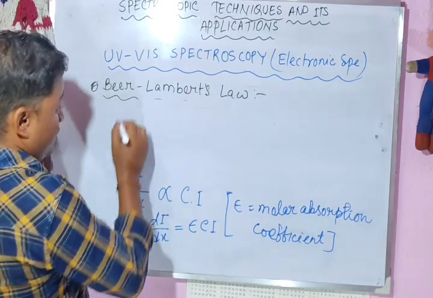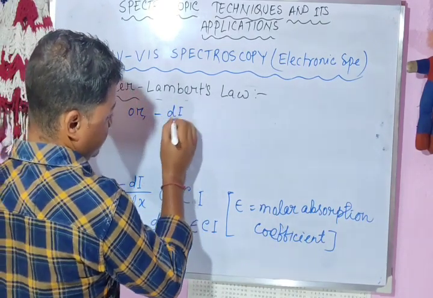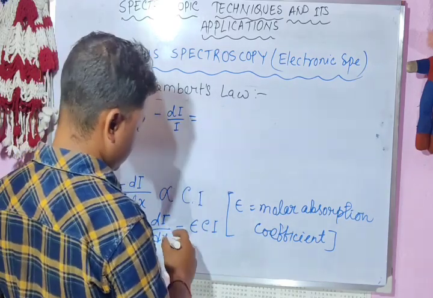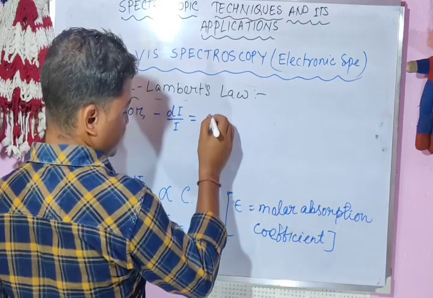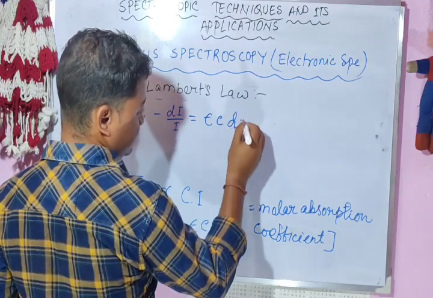Now, minus dI by I is equal to epsilon C dx.